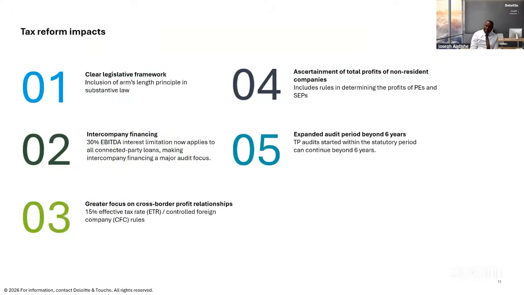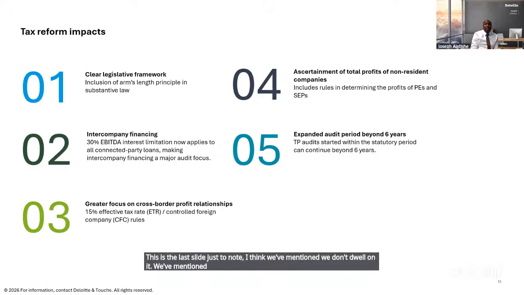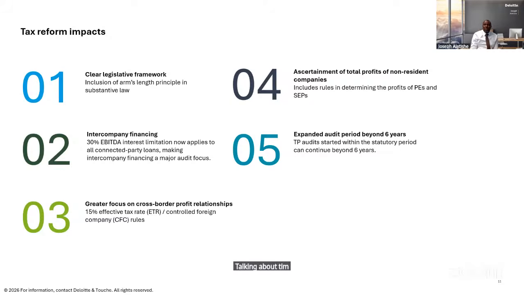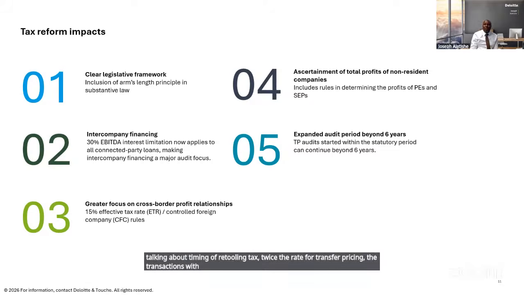So this is the last slide, just to note, I wouldn't dwell on it. We've mentioned some of the tax reform impacts: the timing of withholding tax, twice the rate for transactions with related parties, and how the withholding tax event occurs at the point of accrual, even when payment has not been made.